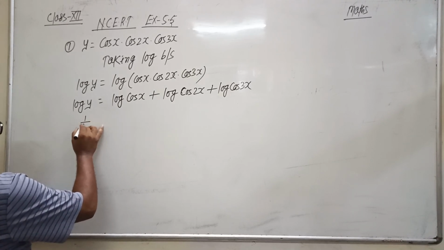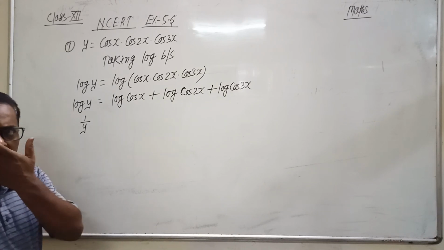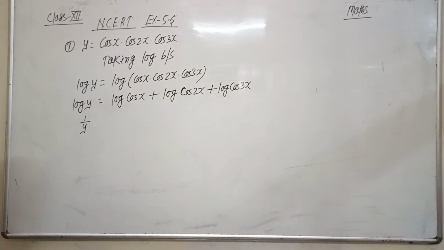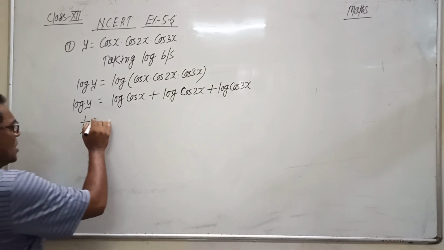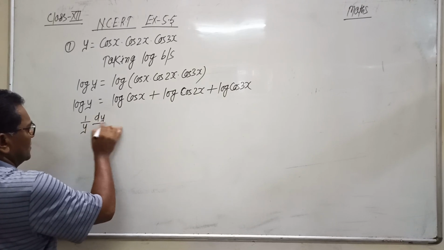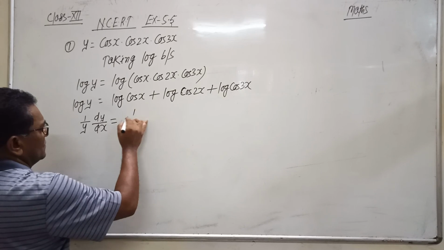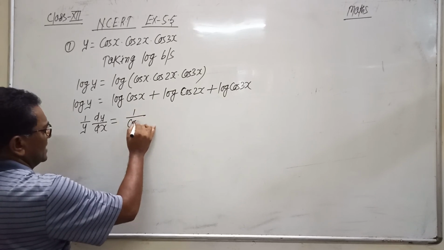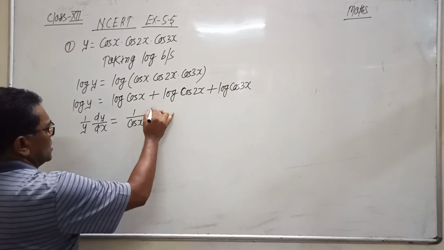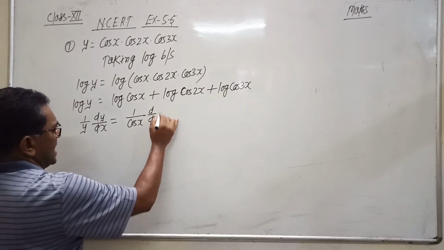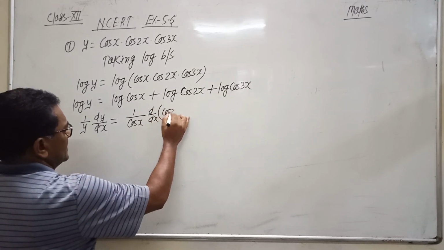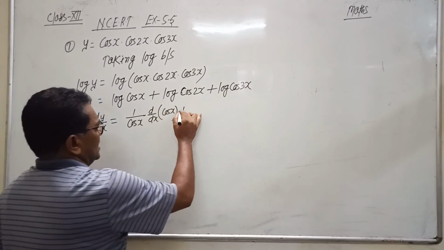Differentiation of log y is 1 by y, drop log, and differentiation of y is dy by dx. Differentiation of log cos x is 1 by cos x, drop log and take d by dx of cos x.